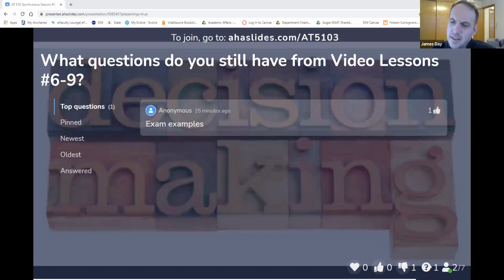Does that kind of help as far as figuring out what sort of things are on the exam? A lot of questions are definitions. The first midterm is 75, I believe, because it's kind of based on the way it goes.